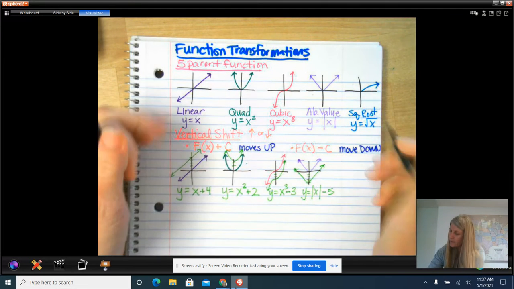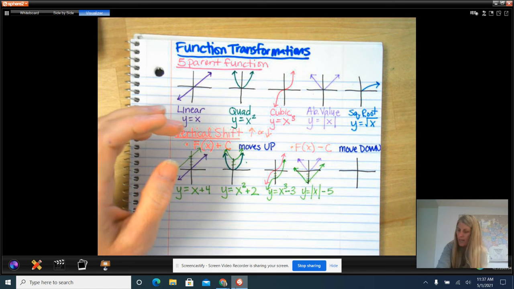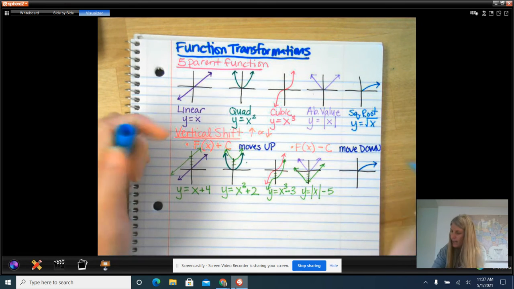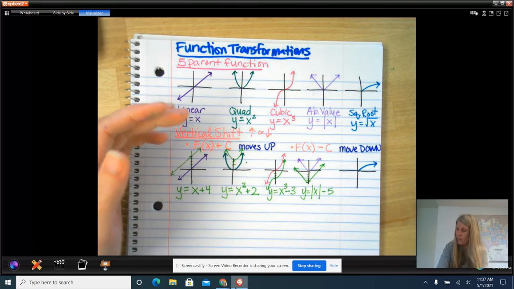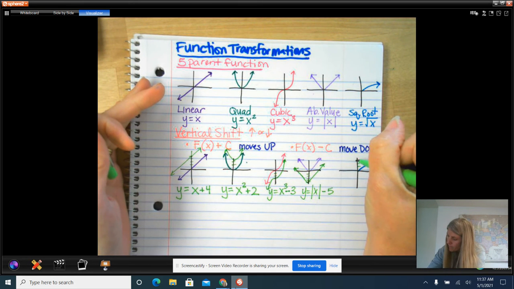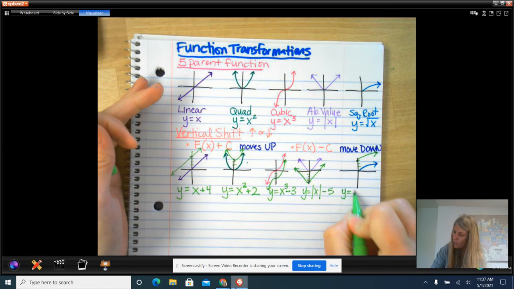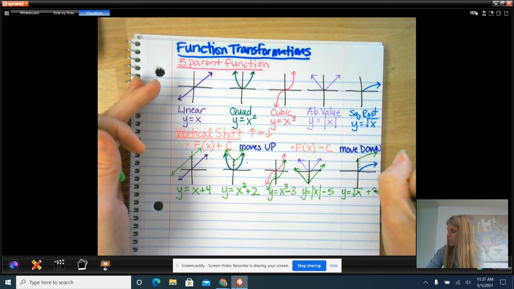Do one for each one. And so let's take this square root, our parent function, and move it up 3. Okay, and so that's going to be y is equal to the square root of x, and then outside of the square root, plus 3, because we moved up 3.